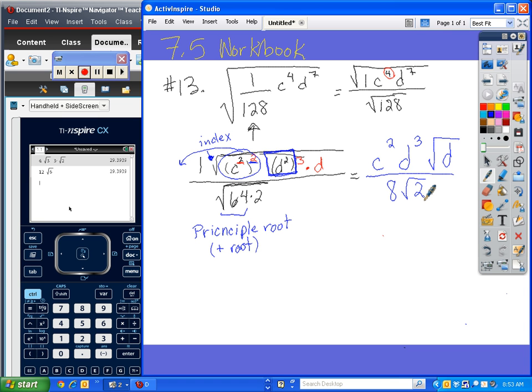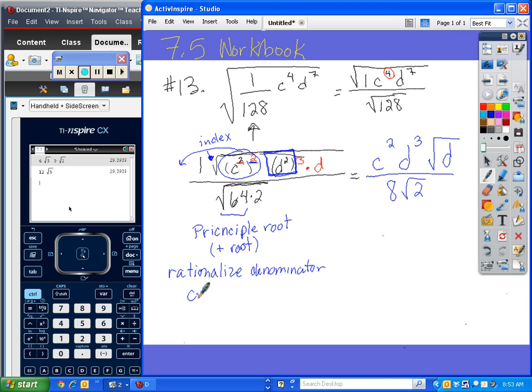Okay, so am I all done now? All good? Beautiful? Oh, why not? I have to rationalize my denominator. My denominator has a square root of 2 on the bottom, and we cannot have any roots on the bottom.